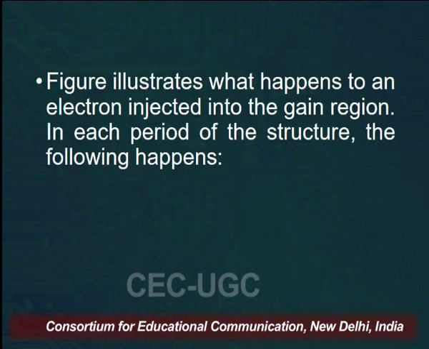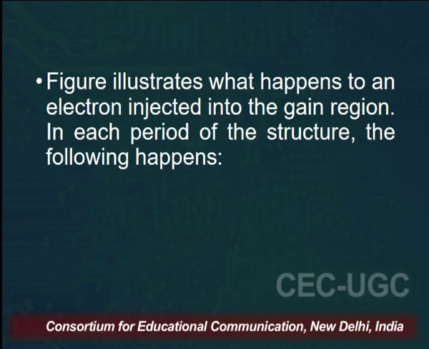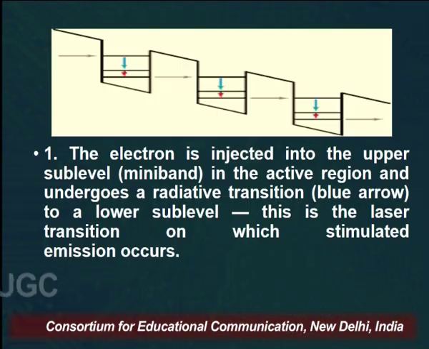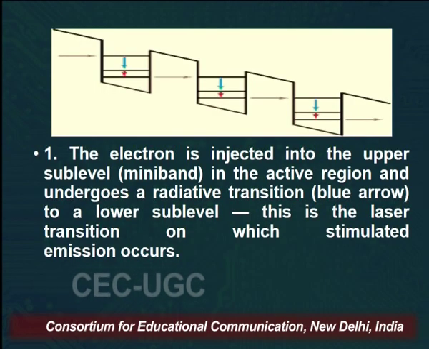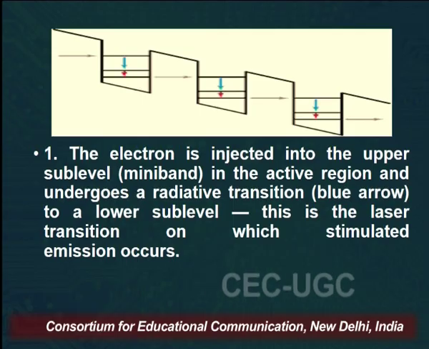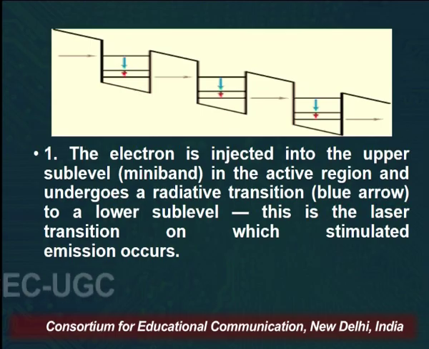Now, this figure illustrates what happens to an electron injected into the gain region, what goes on inside a periodic structure, and finally how it supplies the population, or the electron, or gives the wave function to another potential well. The electron is injected into the upper sub level mini band in the active region and undergoes a radiative transition that is defined by the blue arrow.